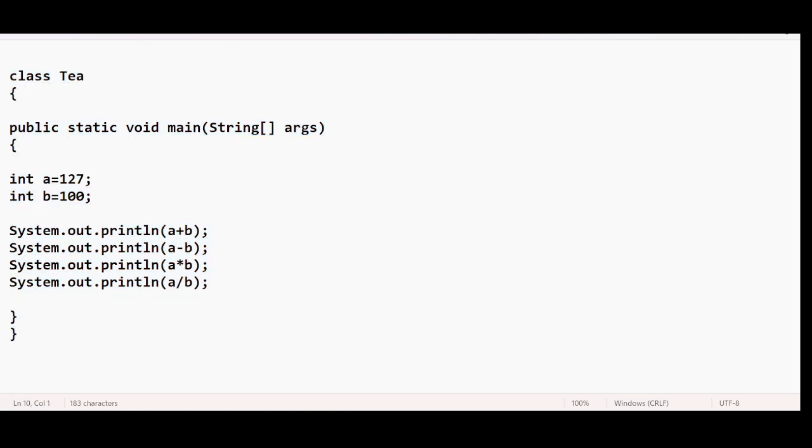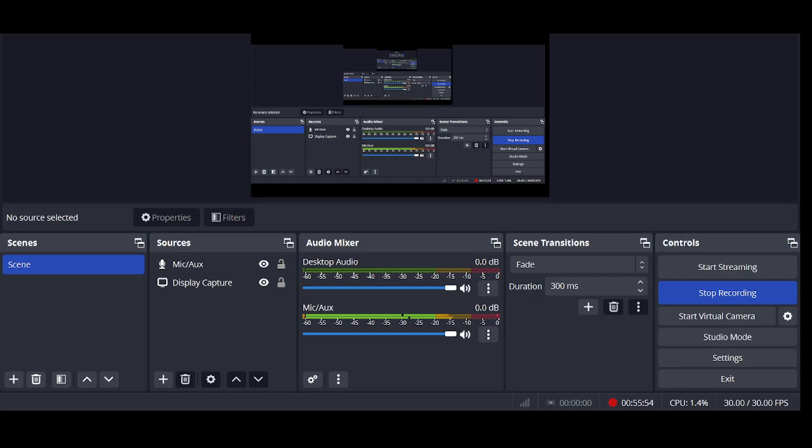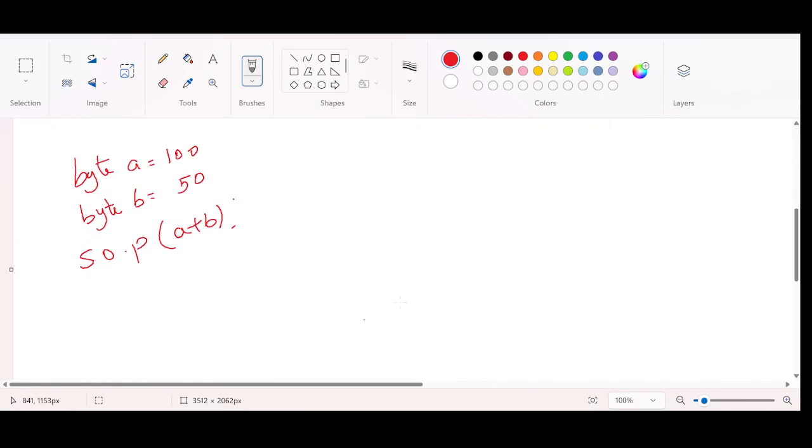So the conclusion is, what we have learned so far in today's class: A plus B is not possible with byte.